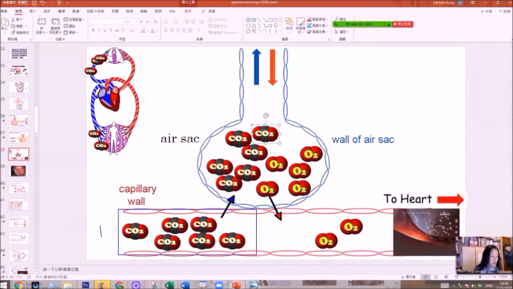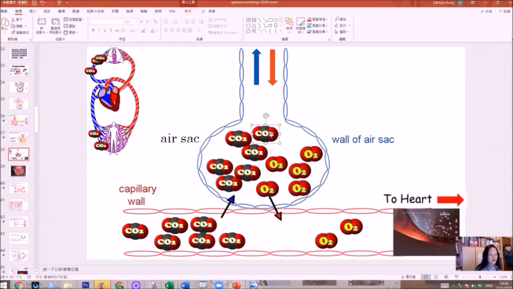We want to keep a high concentration here, but we want to keep a low concentration in this region. How do I make this region high concentration and the other region low concentration?